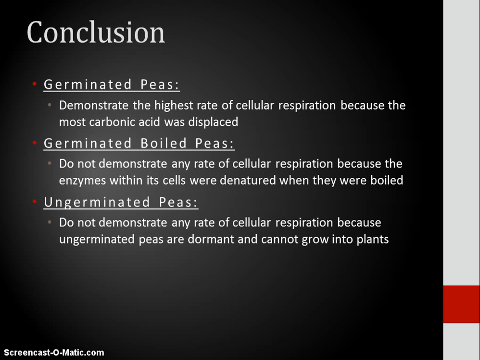And our conclusion for ungerminated peas is that they also do not demonstrate any rate of cellular respiration because ungerminated peas are dormant and cannot grow into plants. So they have no need to make energy. However, germinated peas do have the need to make and produce energy. That is why they have the highest rate of cellular respiration.